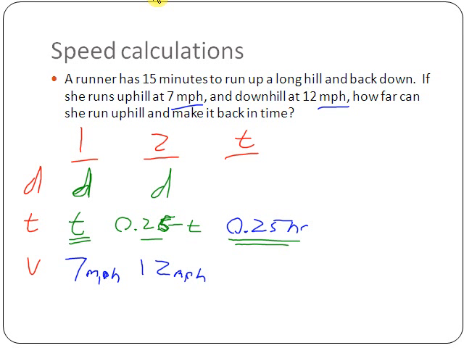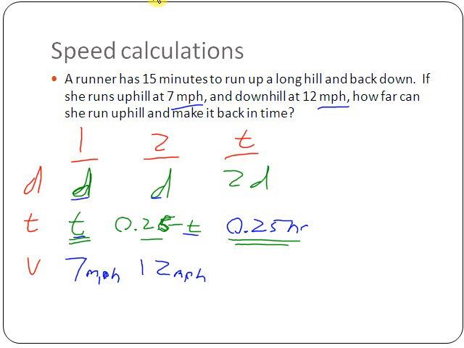Now that we have all of these, we know that the total time is going to be a quarter hour, and then we can set up the rest of this. If we look at these two pieces for the first section and the second section, we can make equations out of both of them. Those two equations will have two variables, d and t. But since we have two variables and two equations, we can basically do a substitution.